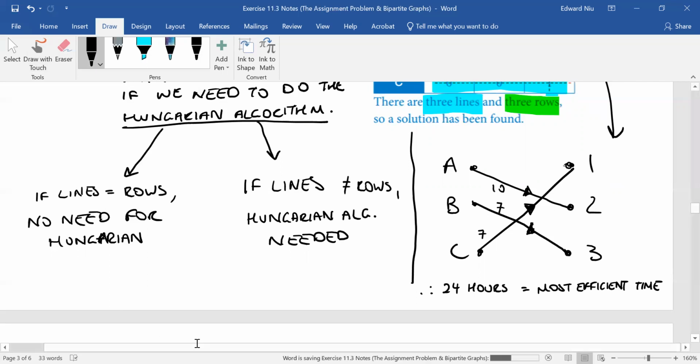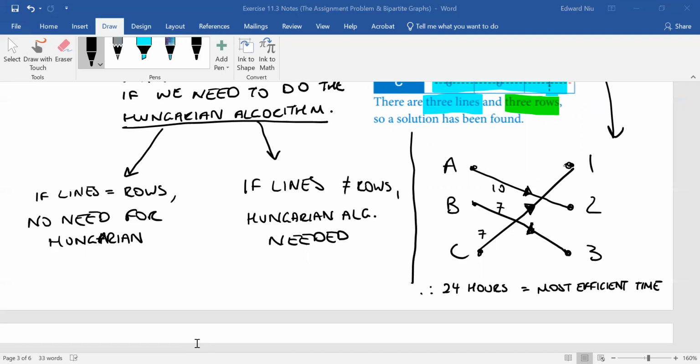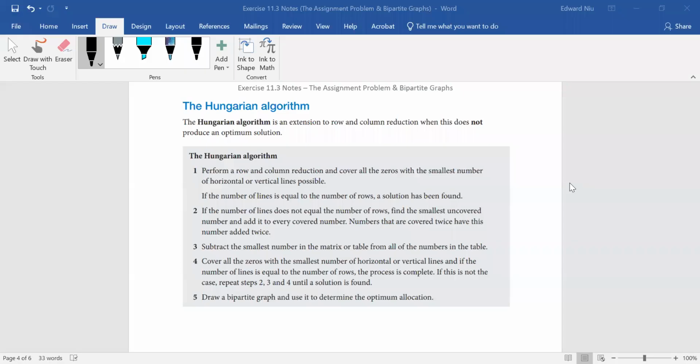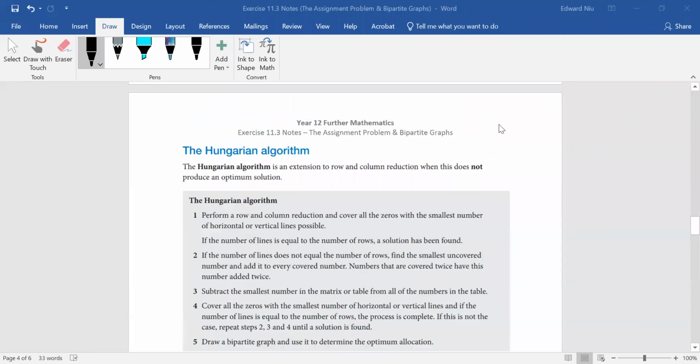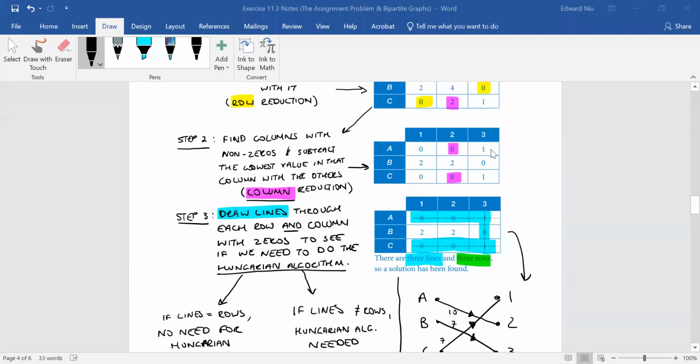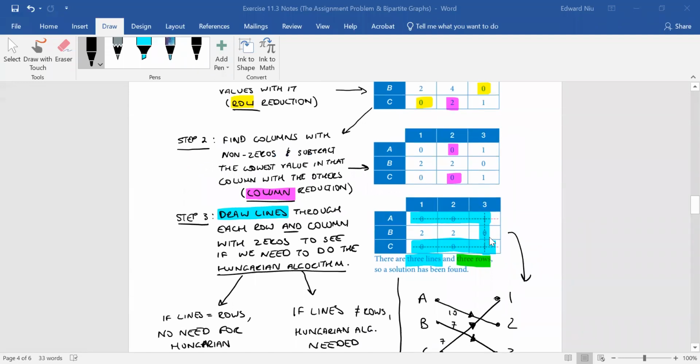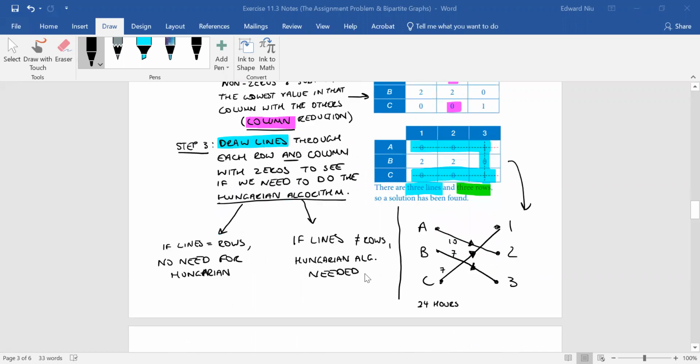All right, let's move on to the Hungarian algorithm. The Hungarian algorithm is an extension to the row and column reduction method when we get a situation where these lines that we draw through the 0 don't equal the number of rows we have. For example, if this example that we just did had only 2 lines and this B row didn't have a 0, we would have to proceed to the Hungarian algorithm because we would have 2 lines compared to 3 rows.